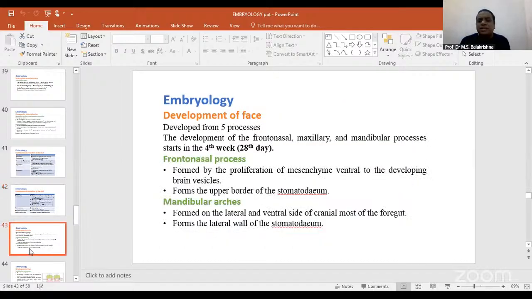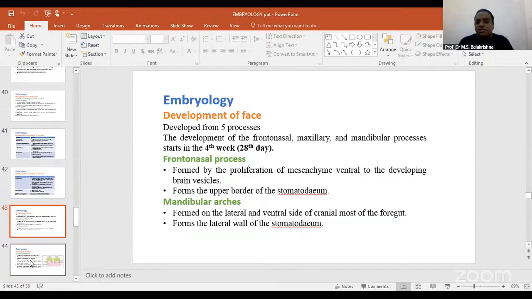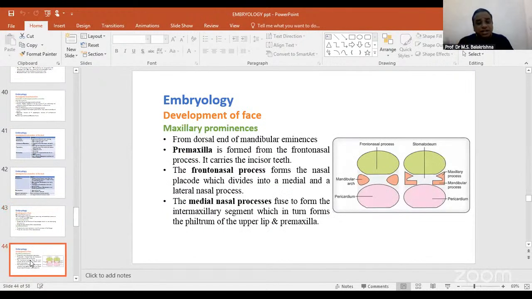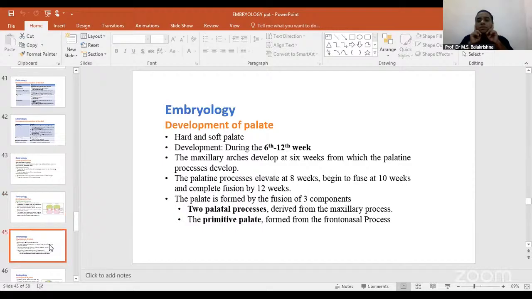Development of the face, as I just told you, in the 4th week, 28 days, it starts. It starts with the frontonasal process, simultaneously the mandibular arch, and this you have been studying for a very long time. You have the premaxilla, frontonasal process, medial nasal process. The maxillary process fuses with the lateral nasal process. Lateral will fuse with the medial nasal process.